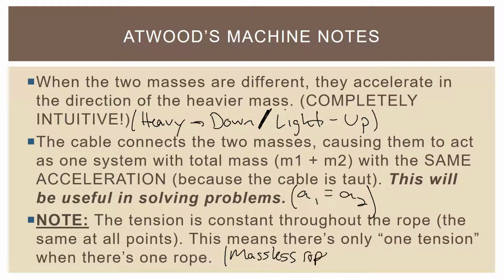Now, sometimes they say that, sometimes they don't, but if they don't say it's a massless rope, you can assume that it is. And it says here that means there's only one tension when there's one rope. And that's another important point as well. Take a second to pause this video here and write that down. And when you hit play, we'll move on.